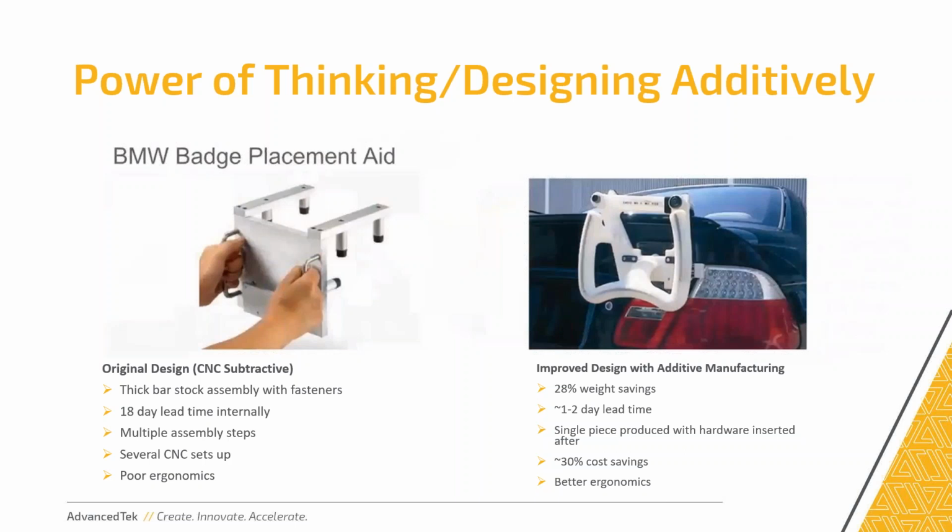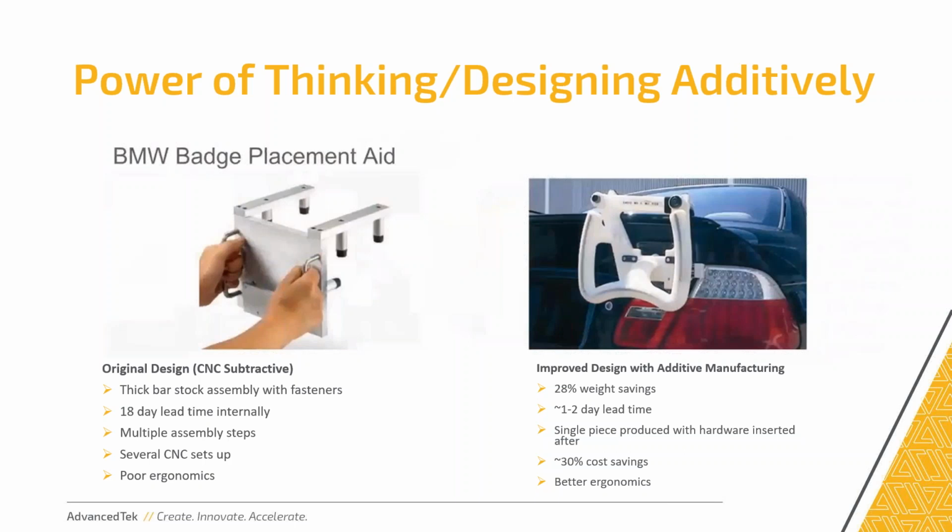And when they started thinking additively and taking these design tips and knowing where to apply additive manufacturing, tooling is a great way to save money and reduce your lead times. As you'll see here, they saved 28% in weight. Wear and tear on the worker from repetitive motion can be avoided.